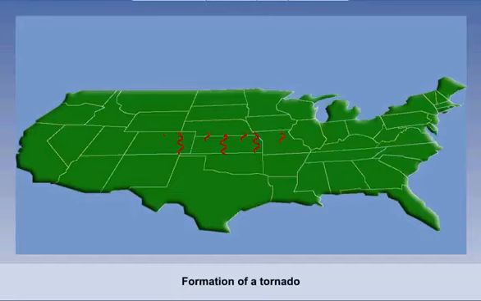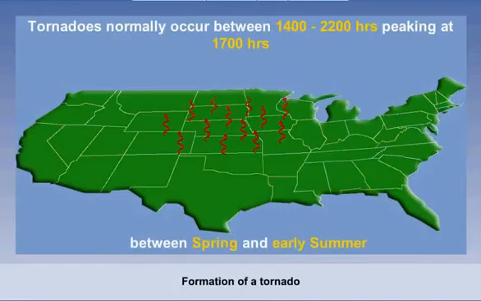But strong surface heating and great instability are also required for the formation of tornadoes. Most tornadoes occur between 1400 and 2200 hours local time, with a peak at around 1700 hours, and most commonly in spring and early summer.